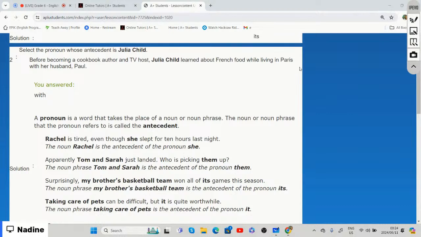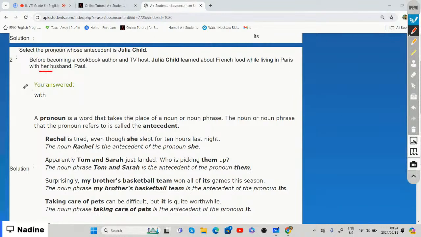So we now need to select the pronoun whose antecedent is Julia Child. If we were to select a pronoun that refers back to Julia Child, which is our antecedent and our noun, then we can say her is our pronoun, because her refers to Julia Child.